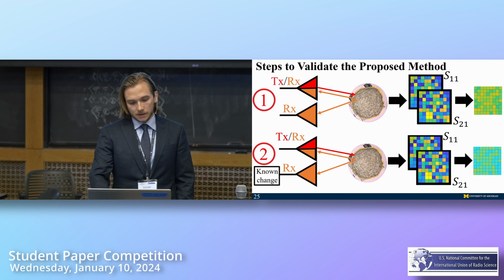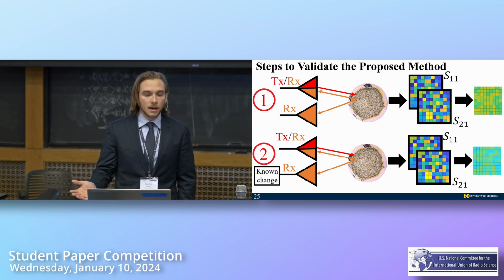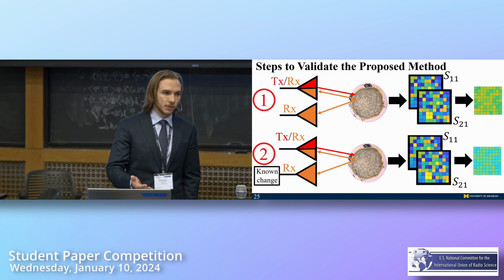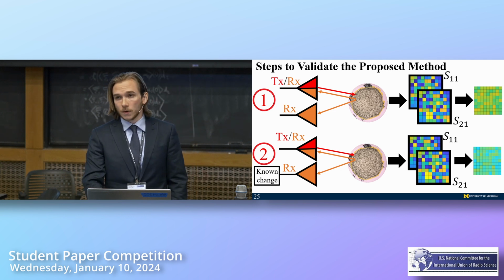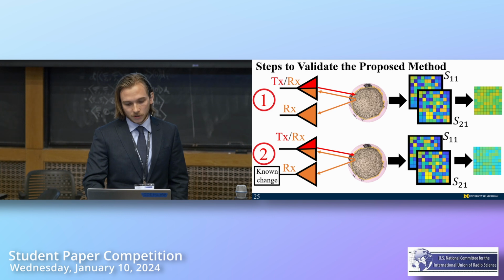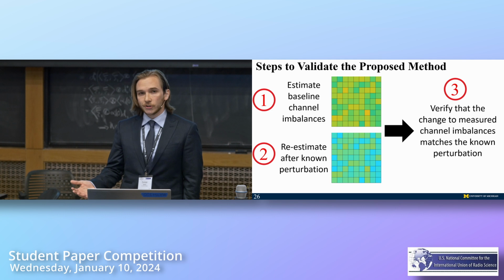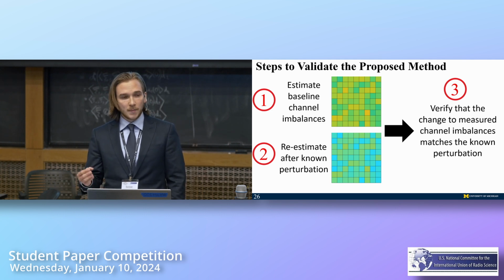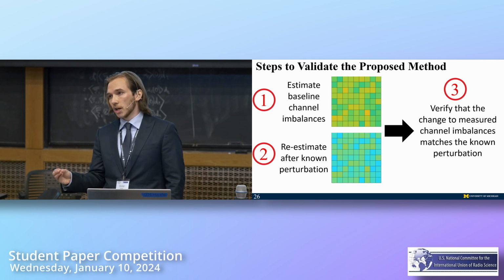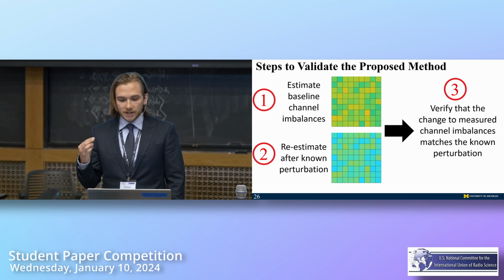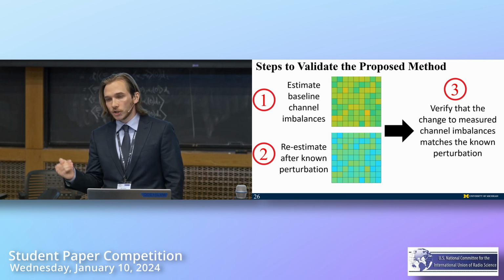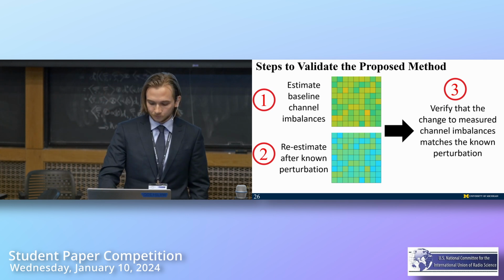Then we repeat the experiment, and again we generate another phase difference and amplitude difference image from this S11 and S21 set of image data. Using those two difference images, we can compare the estimated values of channel imbalances before and after the known change was introduced. What we expect to see is that the change in estimated phase difference and amplitude ratio should match the known perturbation.